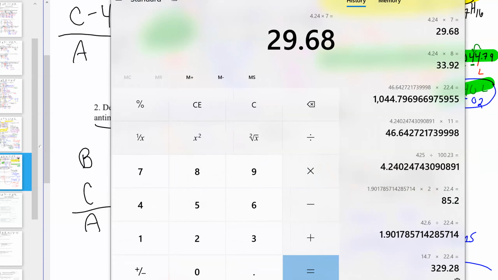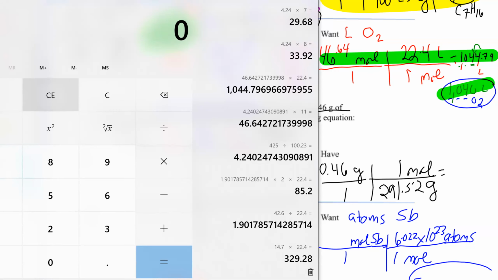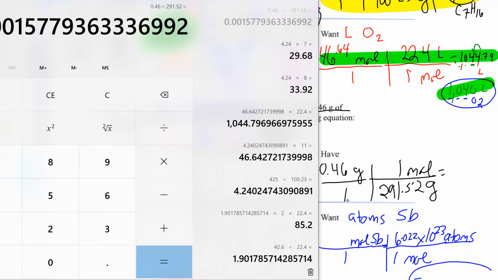So then let's make sure we do this math right. So 0.46. Now we're dividing. Take all the tops over all the bottoms. Divide by 291.52. We're going to get 0.00157779.